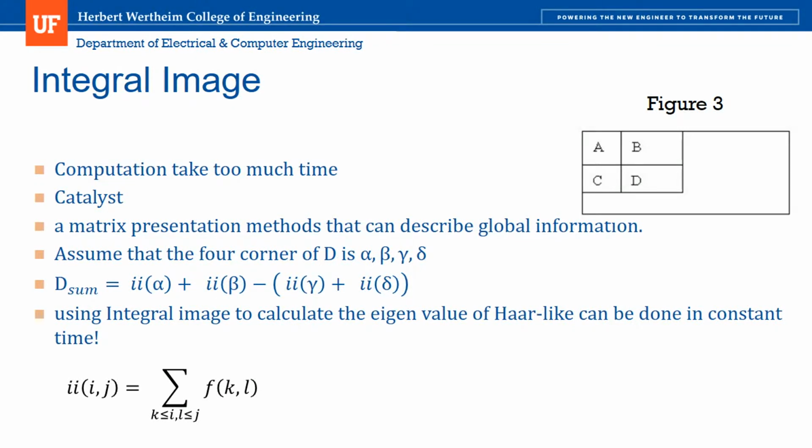Then the pixel value of D can be calculated as II alpha plus II beta minus II gamma plus II delta. So why do we need this? Remember, the hard feature eigenvalues is nothing but the difference between sum of pixels of two matrices. Using integral image can achieve the computation in constant time, which solved the time-consuming problem.